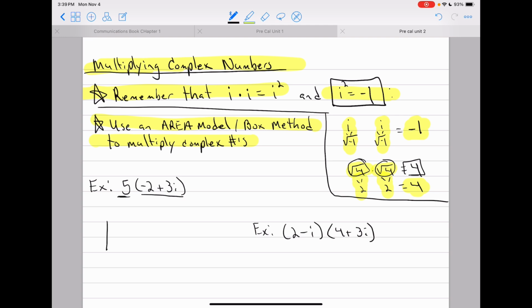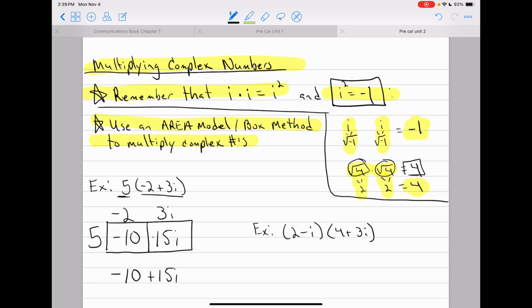So let's use the area model. 5 times -2 is -10, and 3 times 5 is 15i. So this literally becomes -10 plus 15i. Easy as can be.